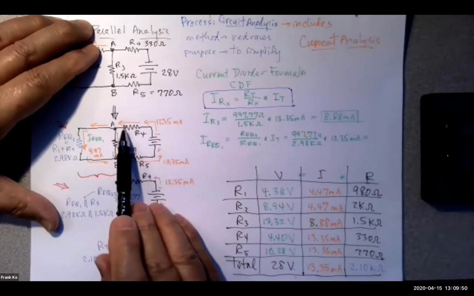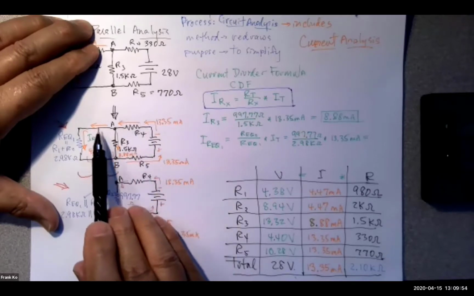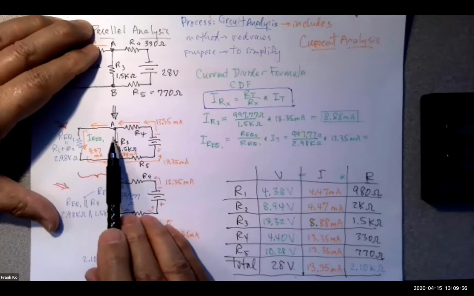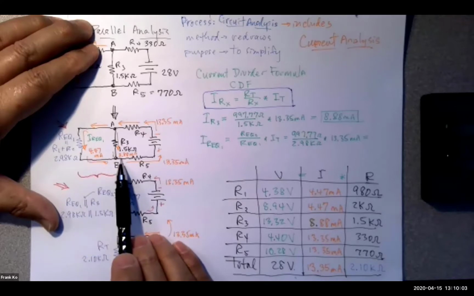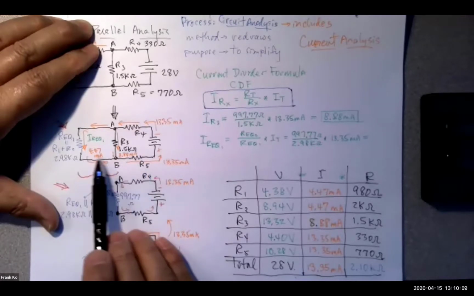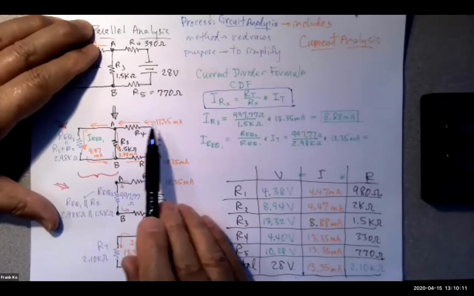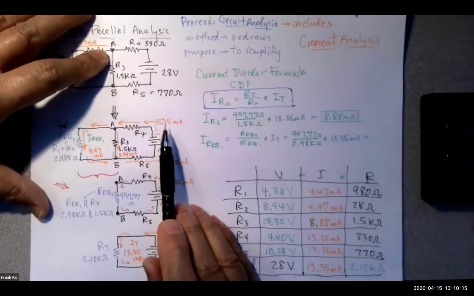But there's only one current coming in, 13.35. Does this in fact equal the sum of the 2 currents coming out? Well, we were able to calculate last week that the current in this path was 4.47 milliamps, and the current through this path was 8.88 milliamps. And if we add those up, yes, they do add up to the 13.35 milliamps that came in.